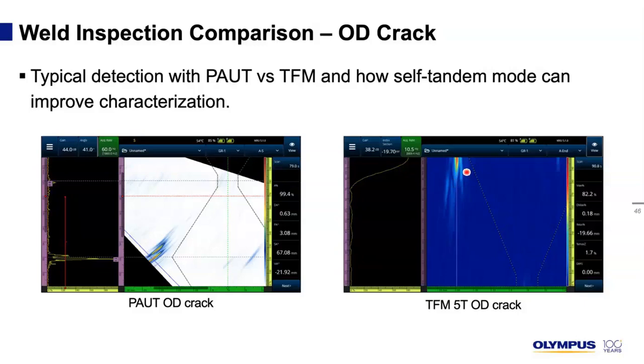So what advantage or why use pulse echo versus self-tandem? It's a matter of preference and ease of interpretation as well. It can provide better imaging for the non-NDT people, for example.